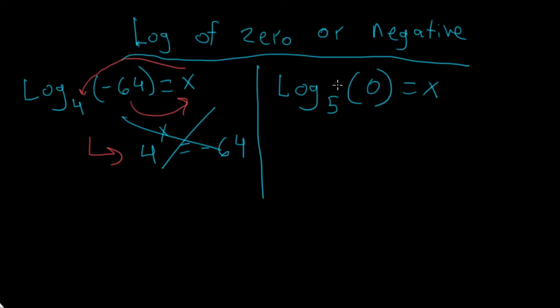Again, bring that here, and we have 5 to the x power is equal to 0. That simply won't work, because 5 can't be raised to any power to give you 0.